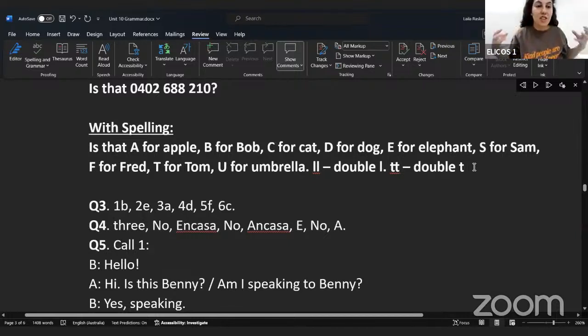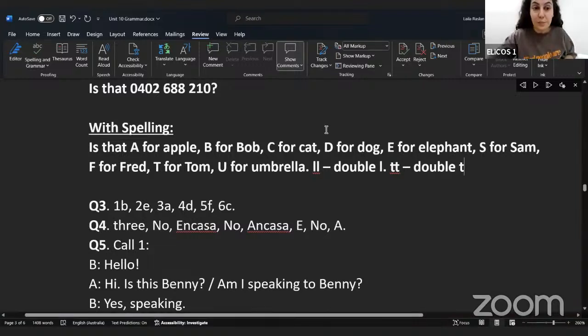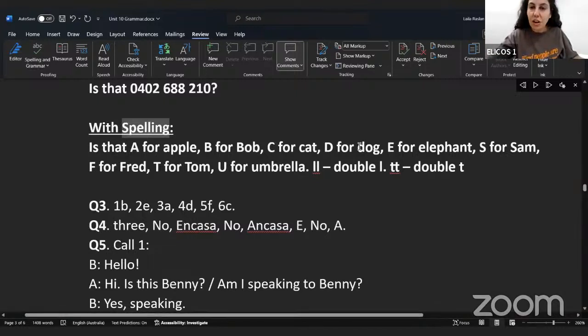So that's how we can check the spelling. Remember, spelling is your alphabet, your A, B, C, D, E, F, G, H, I, and all your letters. So just use a common word and we say D for, and then say that noun that starts with the letter.